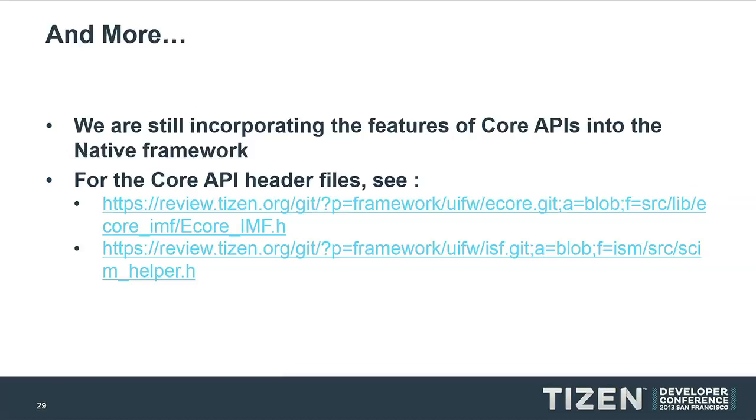But the thing here is that we are still incorporating the features of core APIs. There are some features that exist in the core API but are not really found in the native APIs. So if you're doing something and you cannot find a specific feature in the native APIs, don't be disappointed.